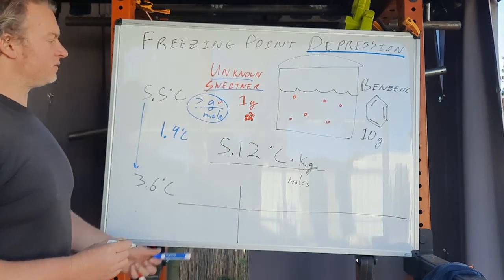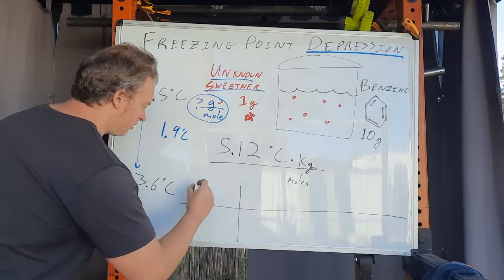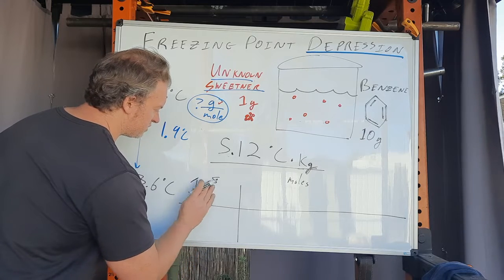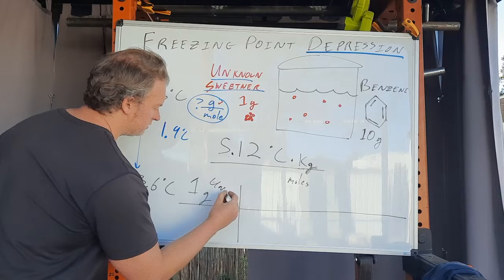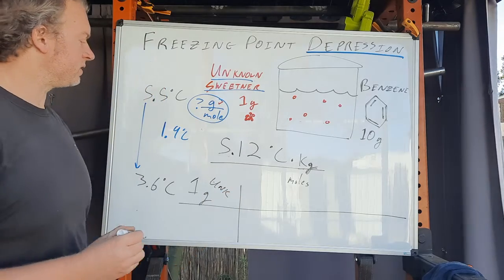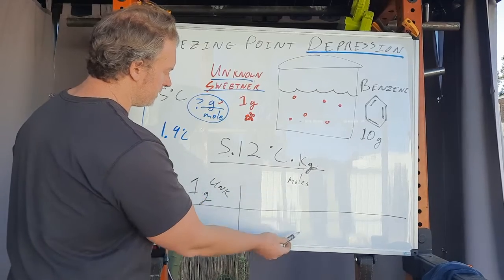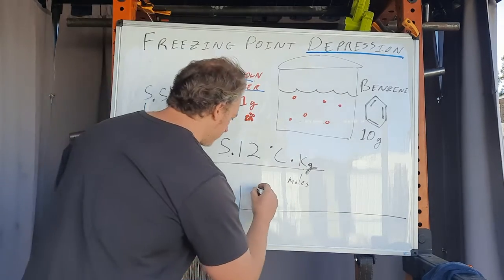Let's set up our scaffold. We want grams on top, so let's plug that in right away. 1 gram, and that is of our sweetener. I'm just going to put down UNK for unknown sweetener. I need moles in the denominator, so I'm going to put this in the second spot right here.